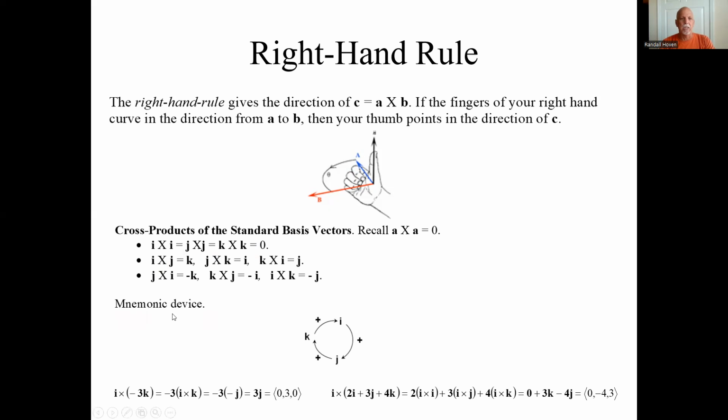And there's a mnemonic device. This little circle here, I, J, K going around clockwise.